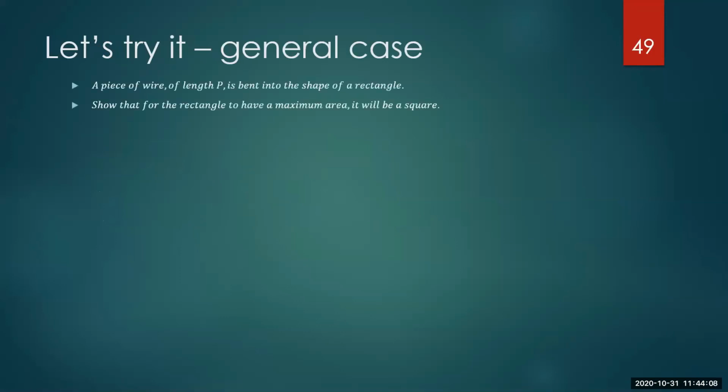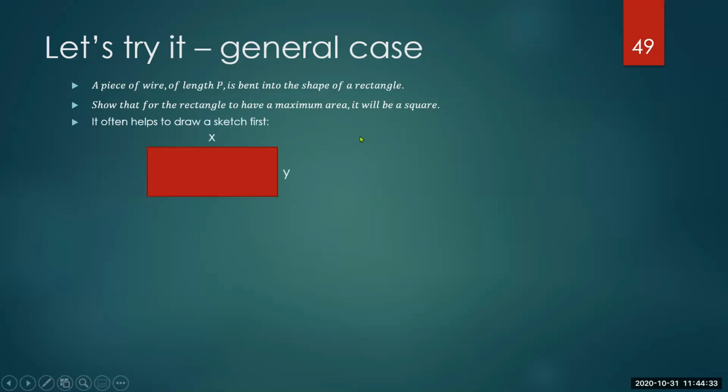So here, a piece of wire of length P. We're just saying it's not 32 centimeters, it's of some length P. So a piece of wire of length P is bent into the shape of a rectangle. Show that for the rectangle to have a maximum area, it has to be a square. With many of these problems, it's helpful to draw a sketch first.